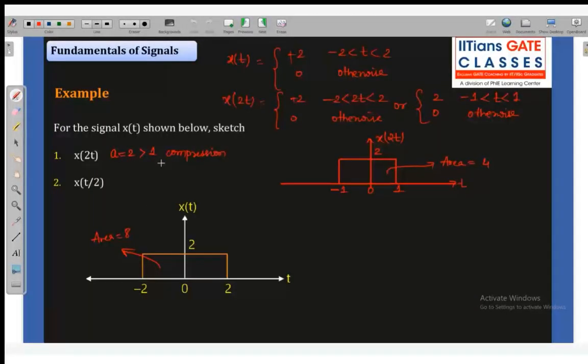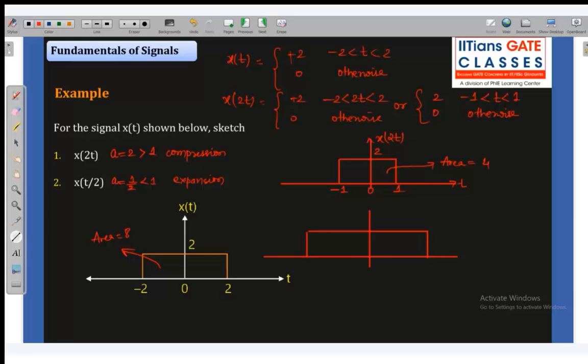Here a is 1 by 2, which is less than 1, so definitely there will be expansion. By the factor 2, you will be expanding the signal.